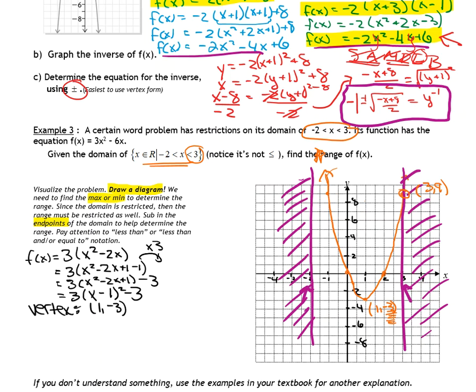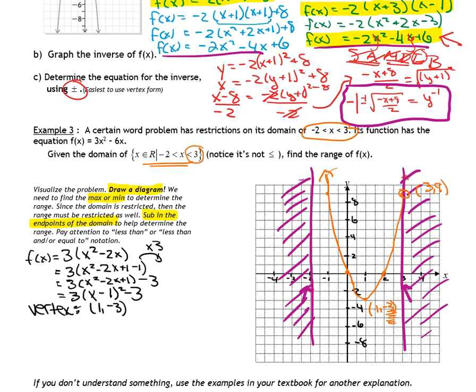So to find that value, I'm just going to sub in, and it said that in the small pointed parts here. Let me highlight that again. Sub in the endpoints of the domain to help determine the range. So I already happen to do one of them. Let me switch colors here.